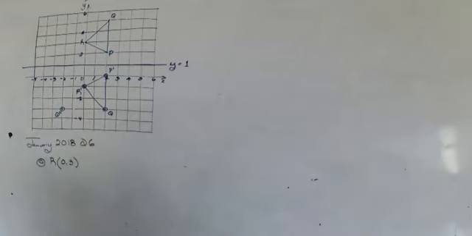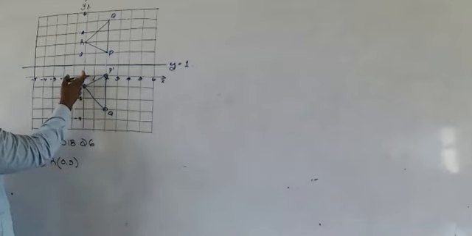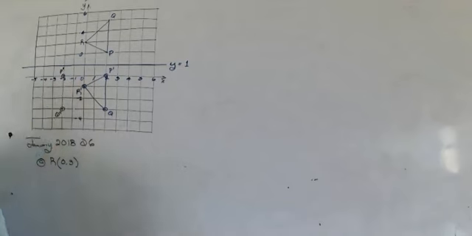How far is P from the mirror line? 2. So this is 1 unit, 2 units. The image P double prime is 1 unit, 2 units on the other side. This is P double prime.